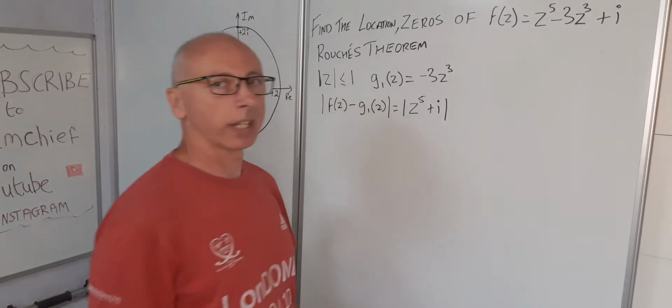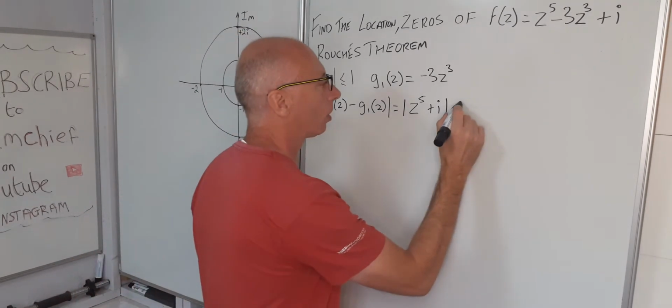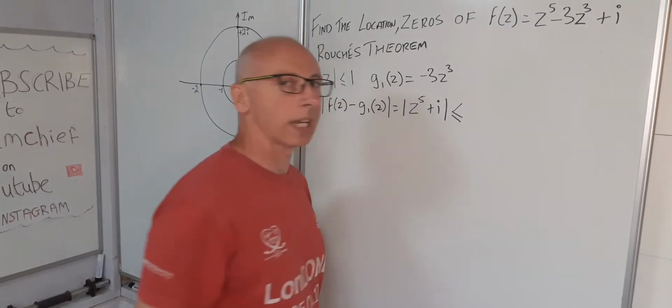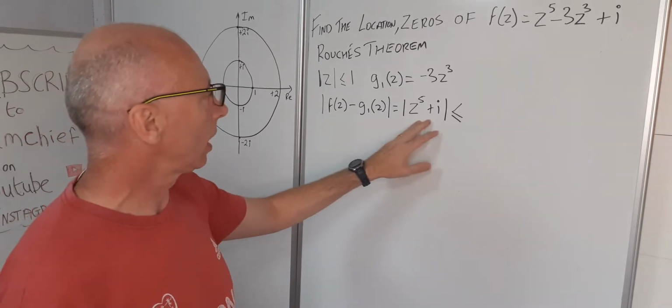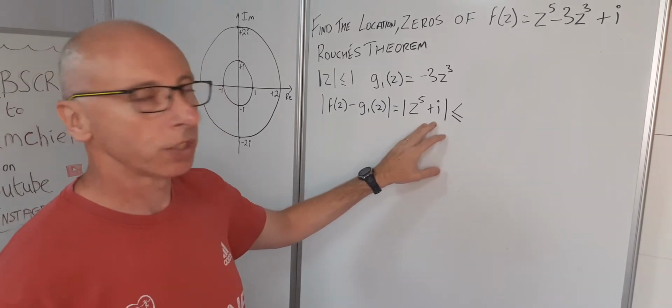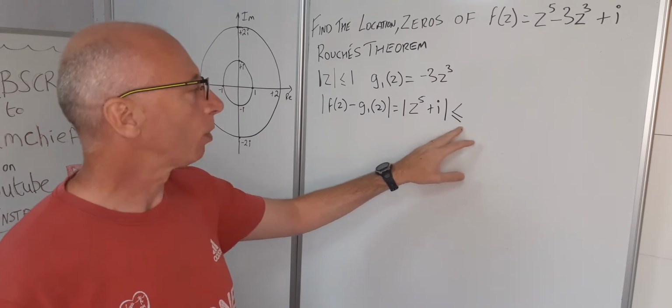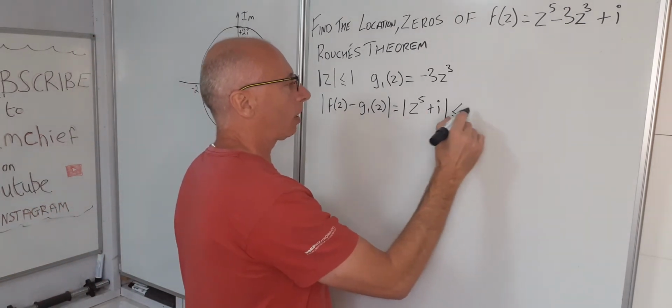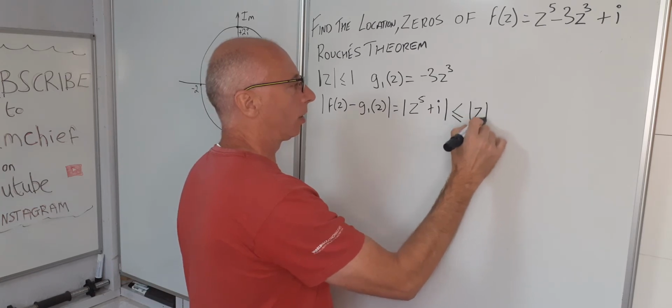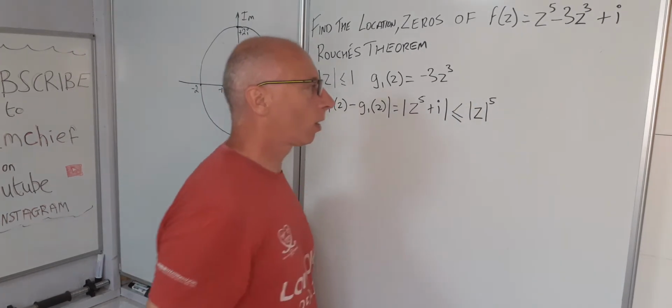So using the triangle inequality, we can use a less than or equal sign. Now we can't just say it's equals, because in complex analysis and modulus calculations it wouldn't make any sense. So what we do now is we break this apart by the rules of the triangle inequality.